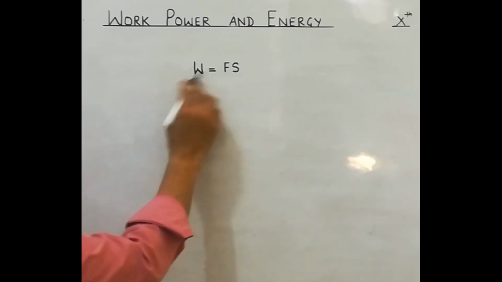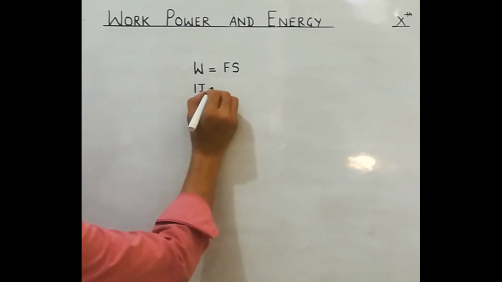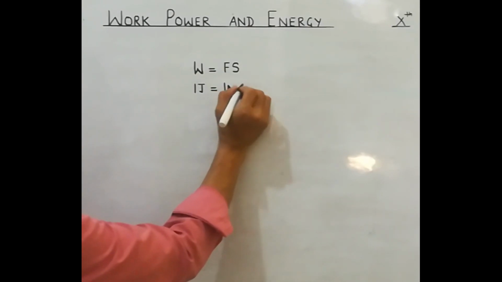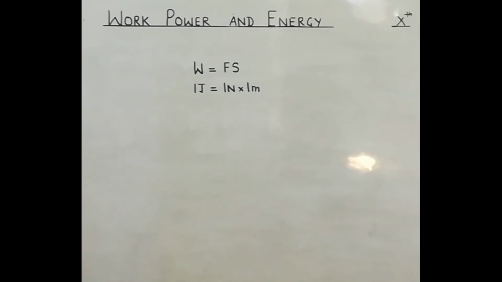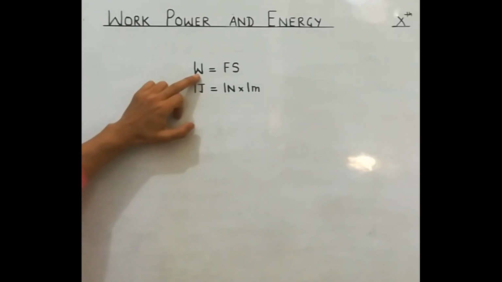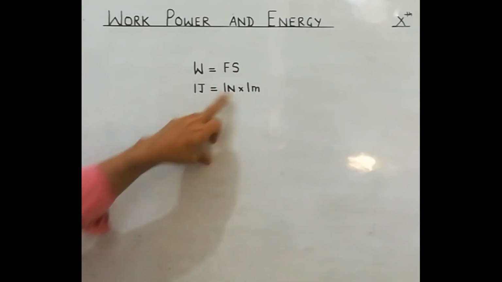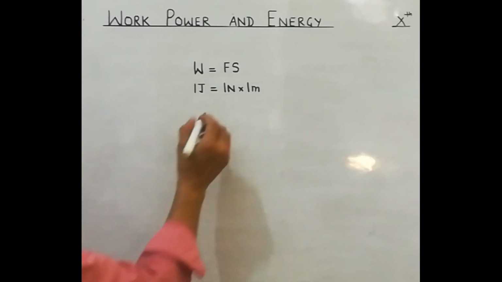Here work is in joule, the SI unit, and 1 joule means 1 Newton into 1 meter. Here s is displacement. So the SI unit of work is joule, force is Newton, displacement is meter. So we can write 1 joule is equal to 1 Newton into 1 meter.